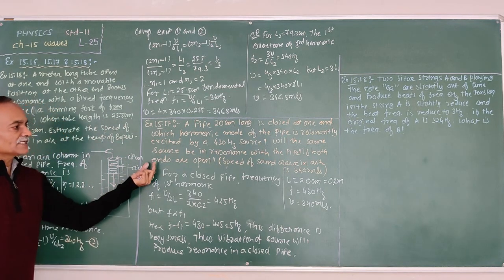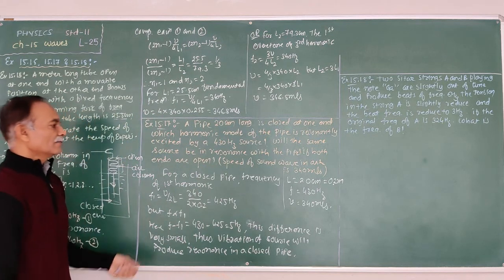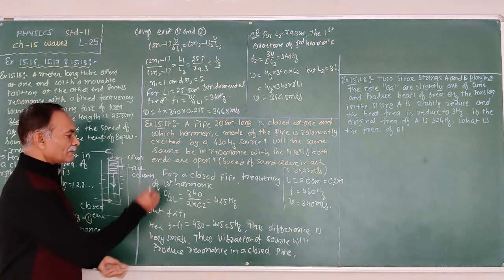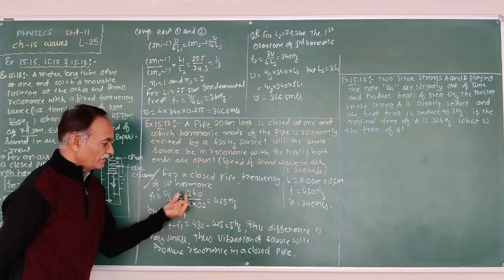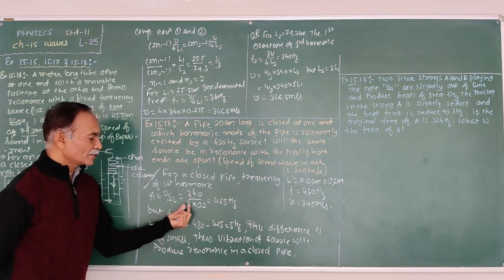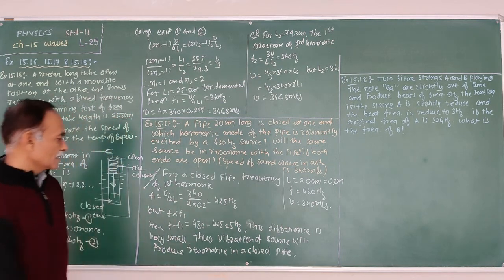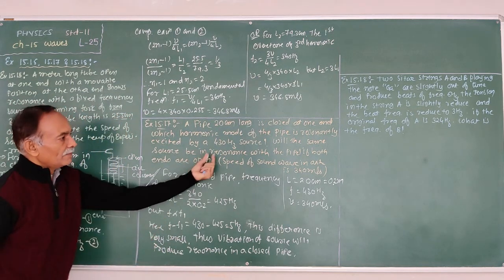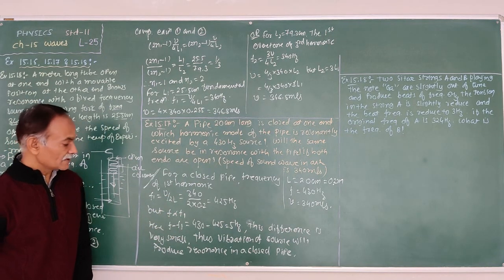If both ends are open, does resonance occur? For that purpose, for a closed pipe, the frequency of the first harmonic F1 is equal to V upon 4L. V is given, 340 upon 4 into 0.2, that is 425 Hz. We know that the given frequency is directly proportional to the frequency of the harmonic.